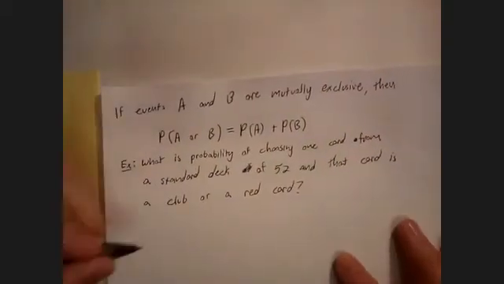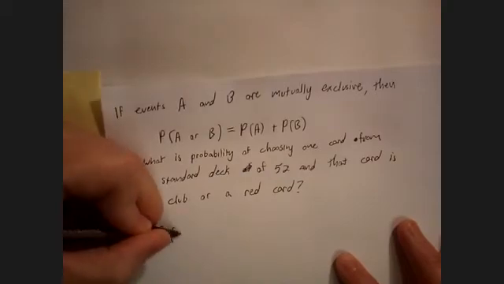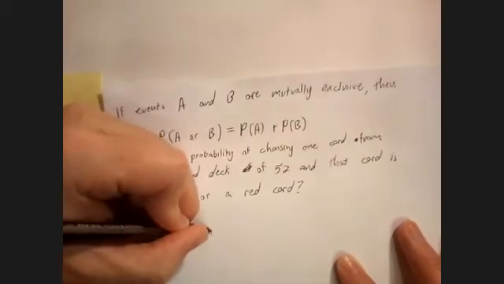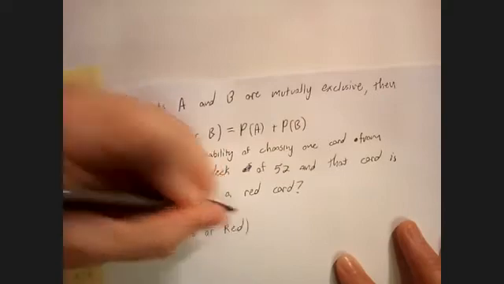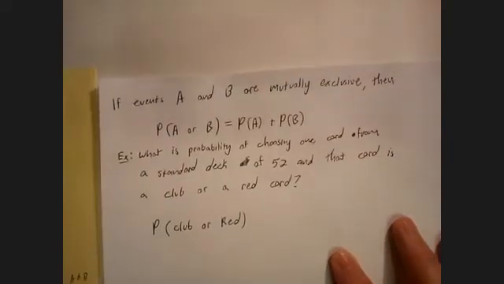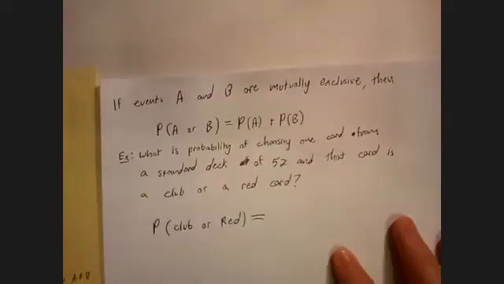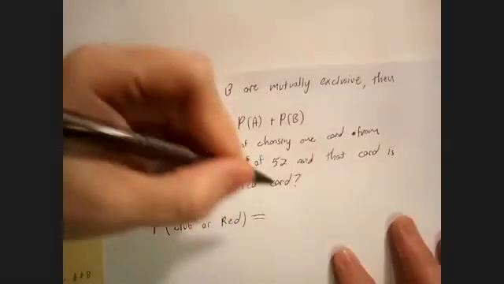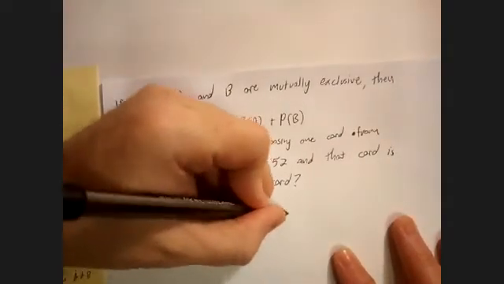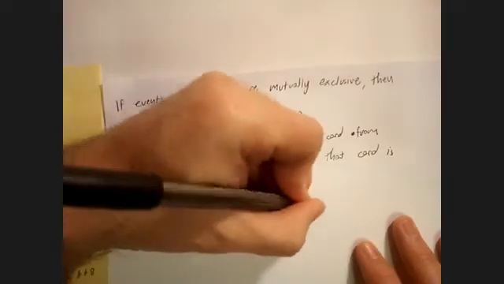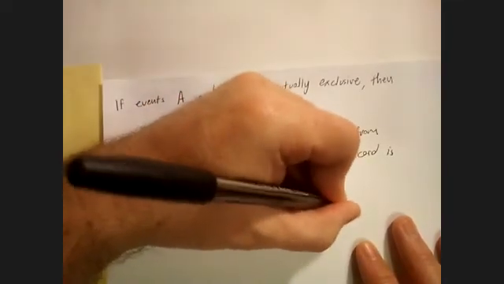So, probability of club or red. Since we decided those were mutually exclusive, the probability of this situation is the probability of club plus the probability of a red card.